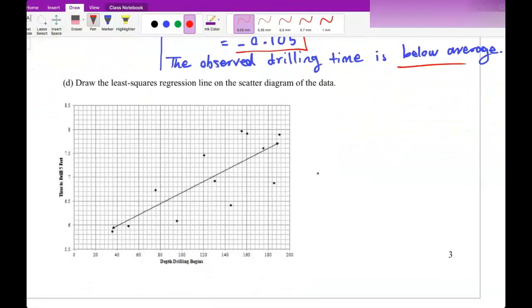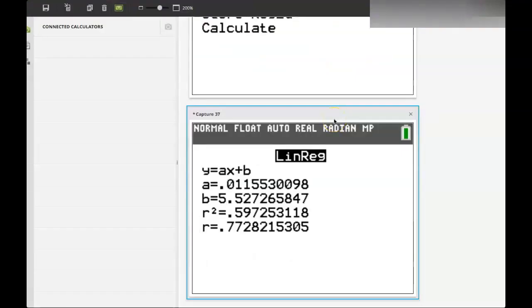Part D, draw the least square regression line on the scatter diagram of the data. Okay, so here again, press second, then y equal to, choosing the first one, plot.